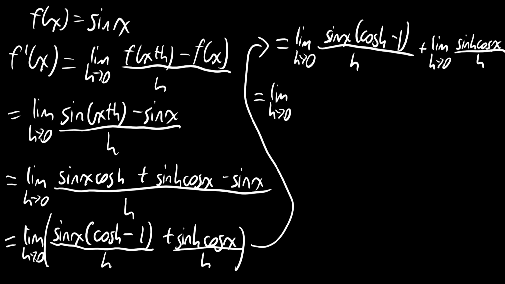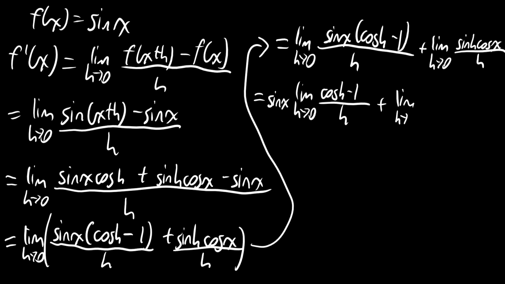What I can actually do here is bring out the sine x according to the laws of limits. So I can bring out the sine x as a constant, and then I'm left with cos h minus 1 over h plus the limit as h approaches 0. I can bring out the cos x term right here, because we're bringing out the x term and leaving in the h term, sine h over h.